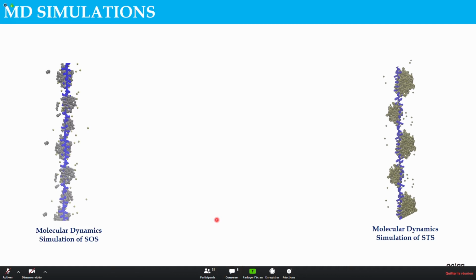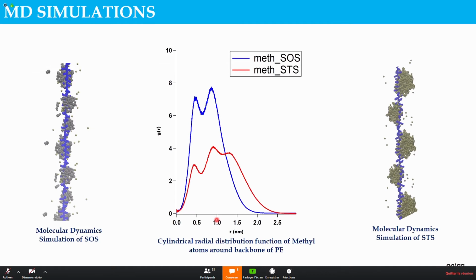But what we can do with this result is calculate the cylindrical radial distribution of the methyl atoms that belong to the surfactant around the backbone of the polyelectrolyte. So we are considering the backbone of the polyelectrolyte, at a distance, and we are looking at the probability at this distance to find a methyl group. As you can see here, when we work with SOS, we just have these two peaks.